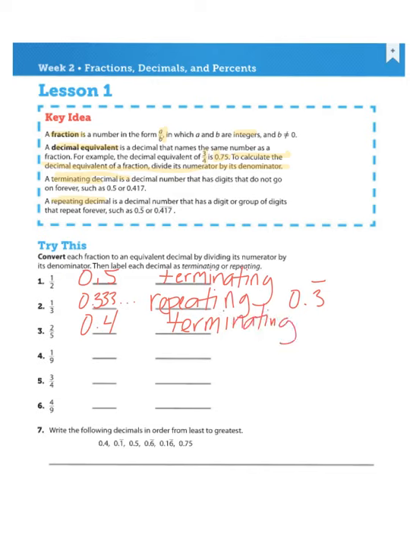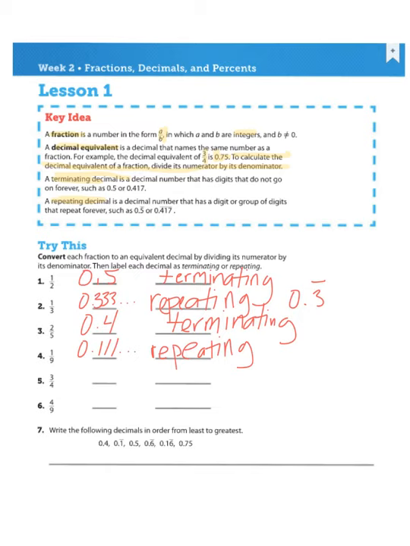All right, I'll do one more. 1 divided by 9 for 1/9 is 0.111... That does go on forever, and it does have a pattern, so that's a repeating decimal. Okay? Number 7, they want us to write the following decimals in order from least to greatest.